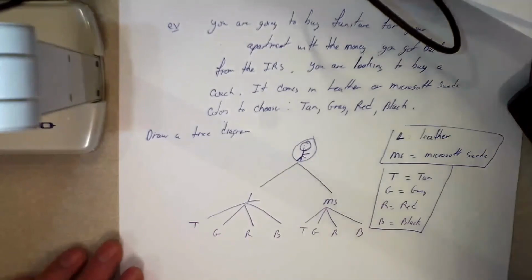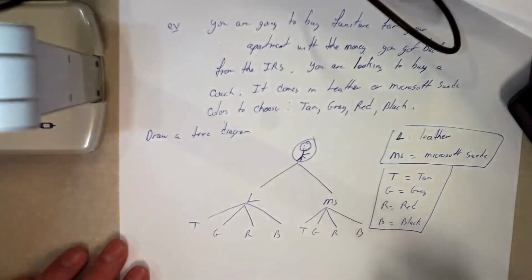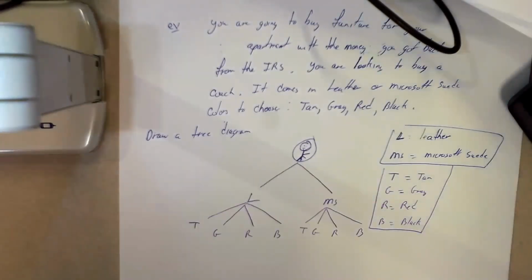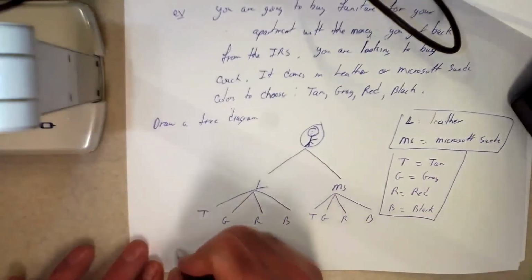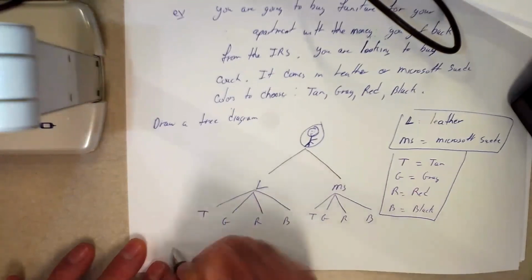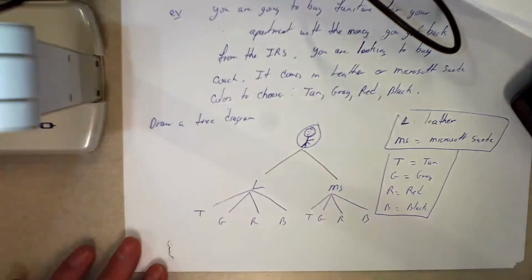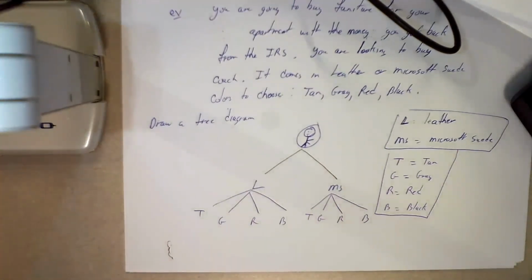Now let's list the outcomes. I should have 8. Let's see if there's 8.